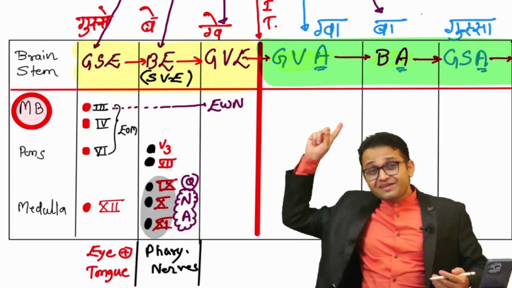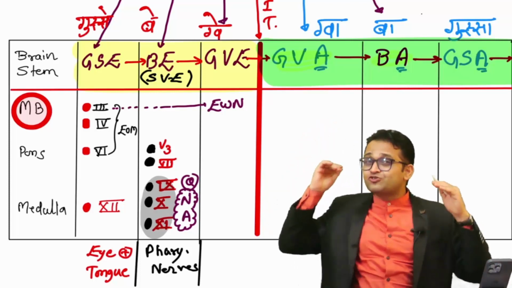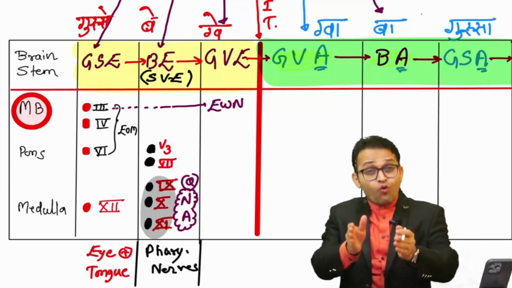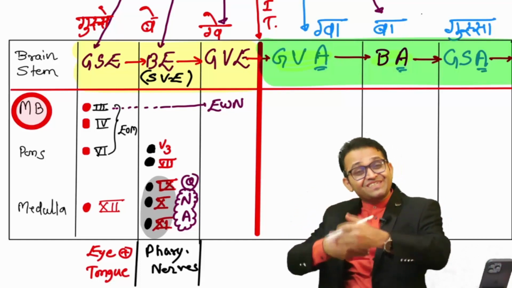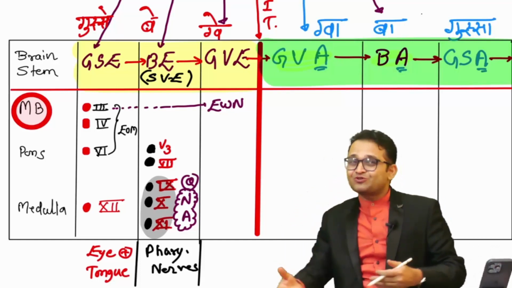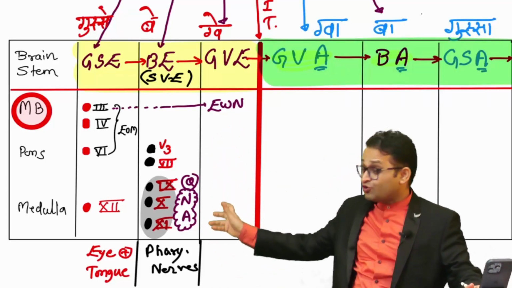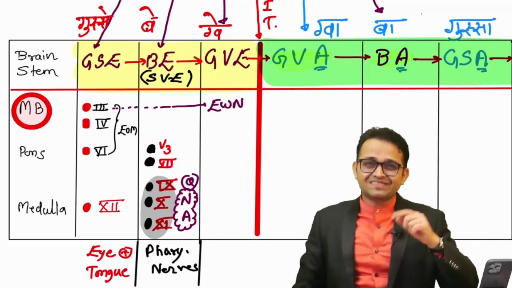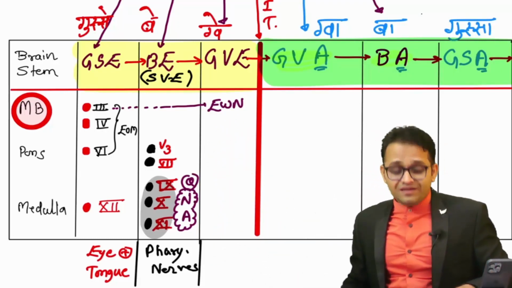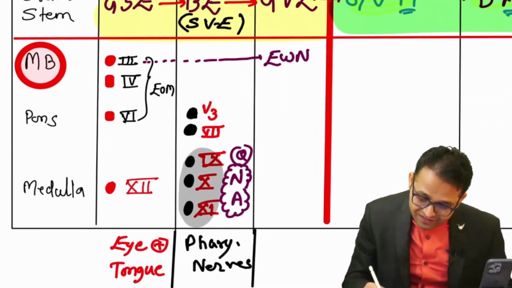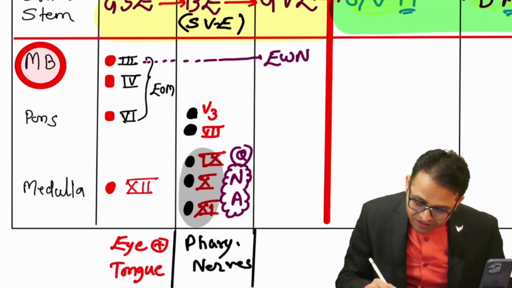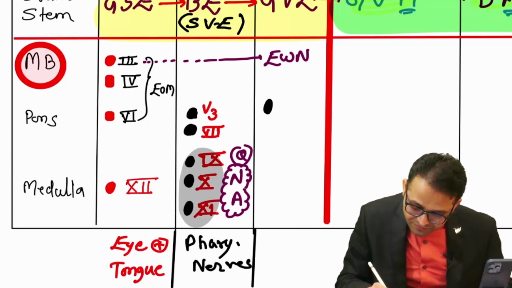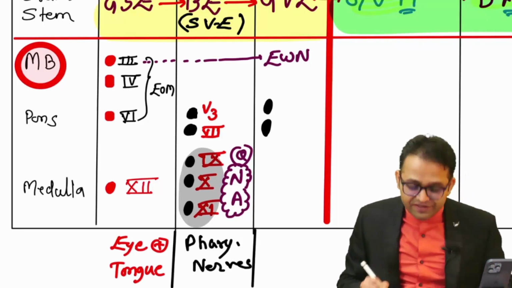Do you remember in our bullet train anatomy, I taught you the secretomotor pathway. Secretion is motor activity. So you just have to count the nuclei which control secretion. One by one, let's start. In our pons, there is the location of the superior salivatory nucleus and inferior salivatory nucleus.